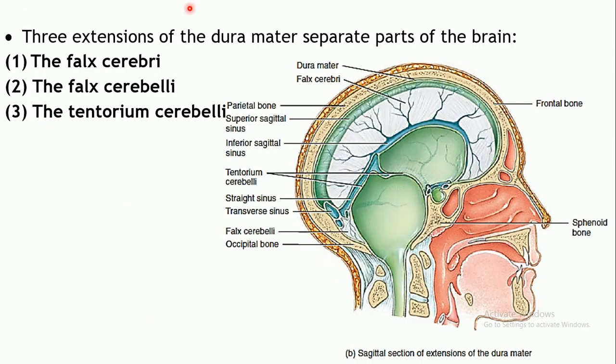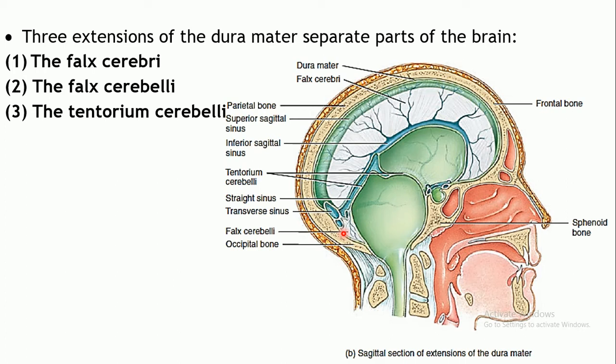Then apart from this, the dura mater also has certain extensions which separate the different parts of the brain. Okay, the three extensions of this dura mater. Dura mater is the outermost layer, right?